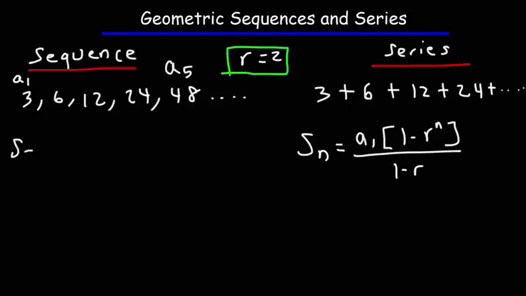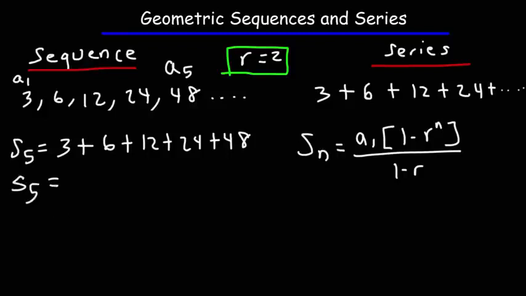So let's say that we want to find the sum of the first 5 terms. This is going to be 3 plus 6 plus 12 plus 24 plus 48. Go ahead and plug that into a calculator. So for the first 5 terms, I got the partial sum as being 93.